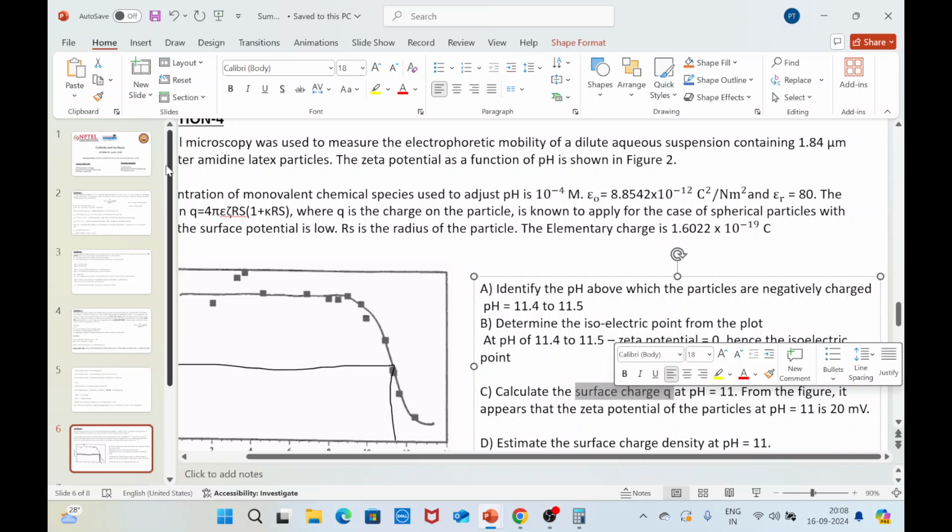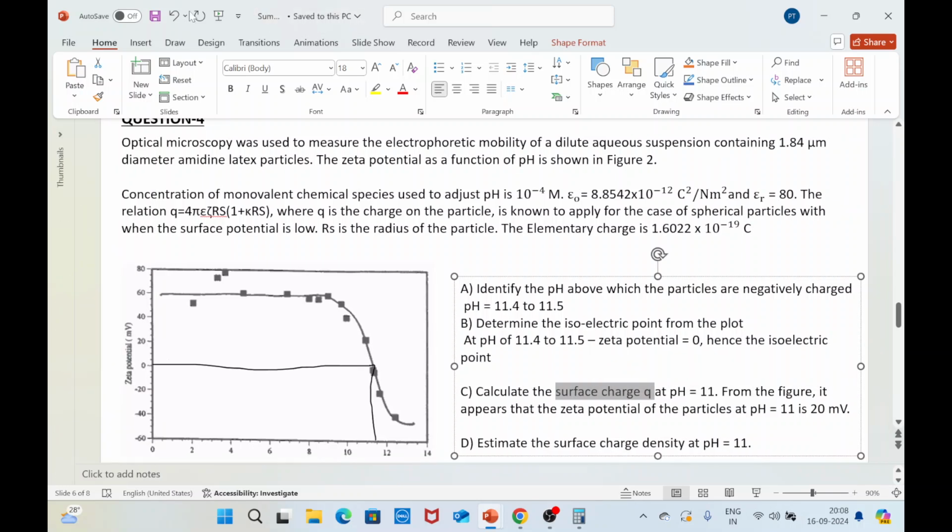Once you calculate the surface charge, you have the radius of the particle as 1.84 micrometers.